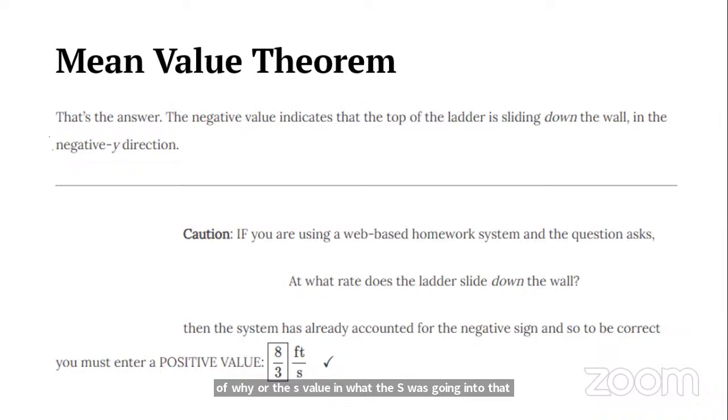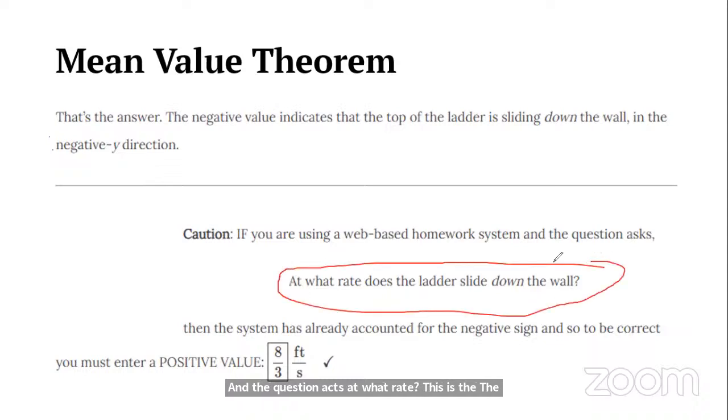So if you are using a Word-based homework system, and the question asks, at what rate does the ladder slide down the wall? When you see this statement, they take account of the negative value. So keep this in mind.